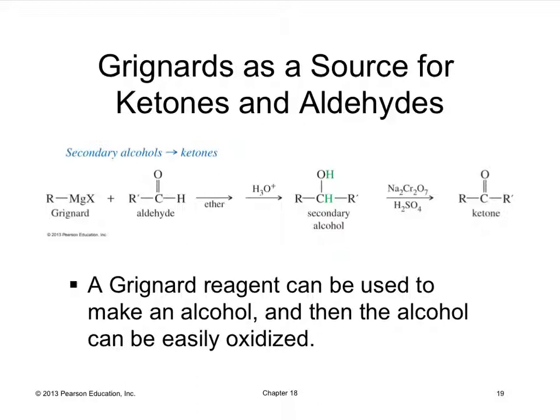Grignards can be reacted with aldehydes, as shown here. When they do, as we've seen before, in the presence of protonated water, this will generate an alcohol. The secondary alcohol can then be oxidized to form the ketone, so you can go from aldehyde to alcohol to ketone.